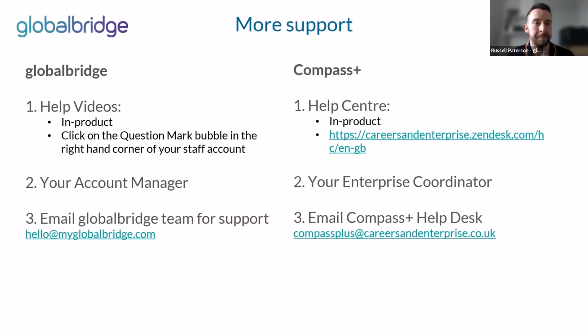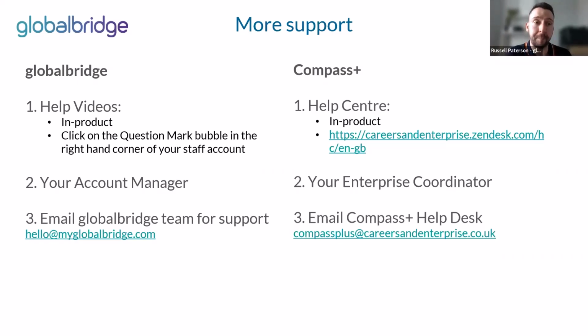Russell, I don't know if you want to just start us off by talking through how you find support from your side. Of course, yeah. So when you are logged into your staff admin account in the product, there's a question mark bubble in the right hand corner of the screen. In there, you've got access to all of our different help videos, and there's a link into our member zone as well, which has more information.